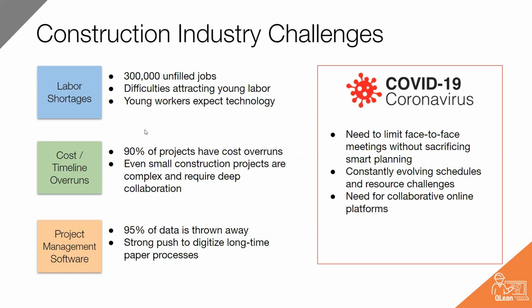And then a big trend in the last couple of years is project management software going digital, whether it's really remedial using spreadsheets or other types of software like Procore, which have become a lot more popular recently.